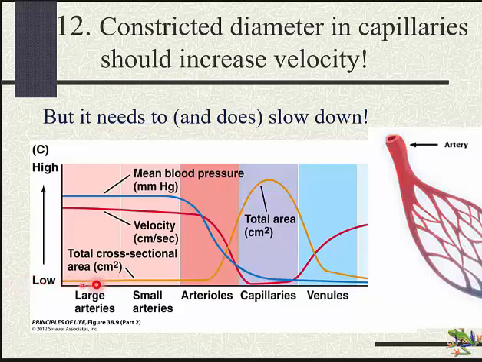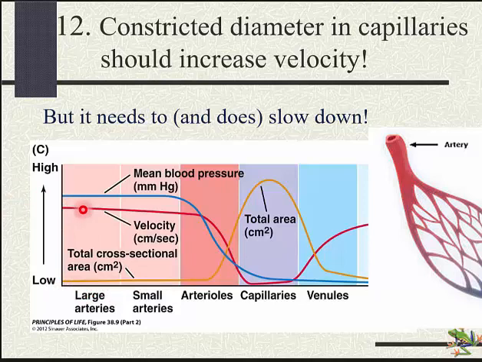It's very low because we have very few of these large areas. And as we go to the arterioles and capillaries, the total area increases dramatically. At the same time, the velocity decreases, and that is going exactly counter to the total cross-sectional area.